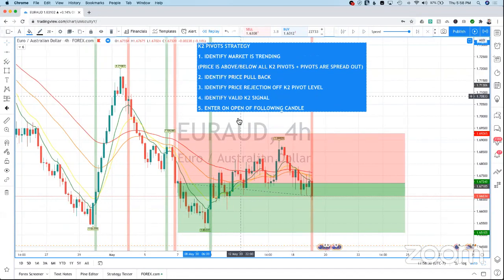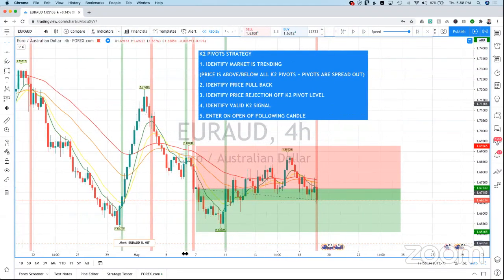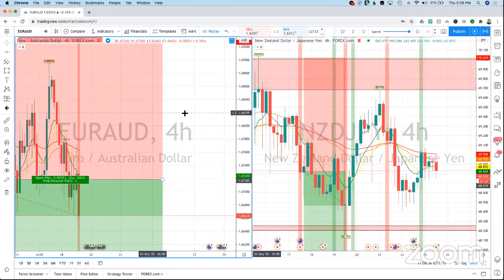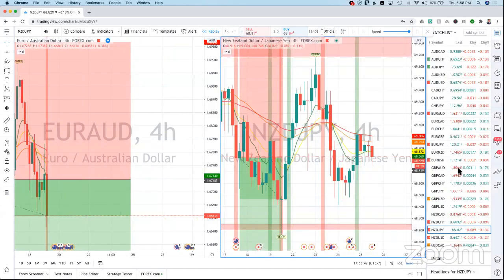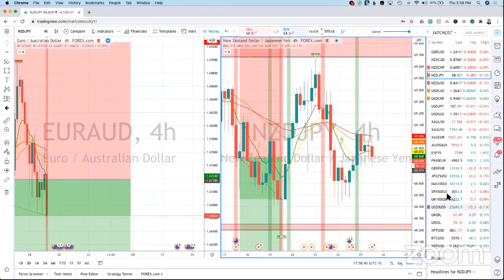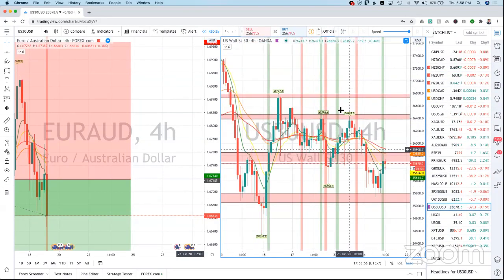I would use the exit strategy where, so the difference with Euro USD, let me pull up US 30, because the two pairs move a little differently. If you're trading US 30 or an index, that's a pair where you can trail the stop loss on the different levels, because that moves a lot faster than Forex pairs.